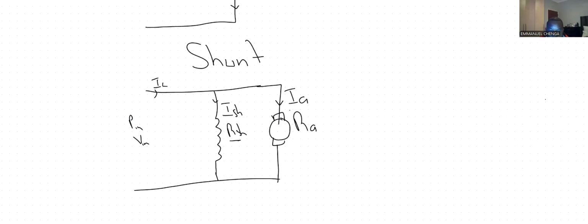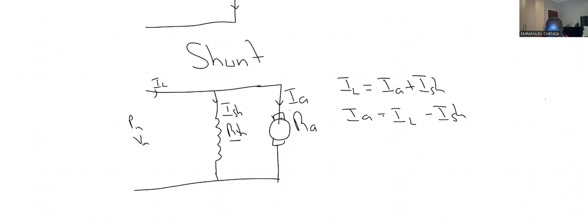Because we have a junction here, we can say IL is equal to IA plus I shunt. If you make IA the subject of the formula, it will be IL minus I shunt, whereby you can calculate your I shunt by saying V divided by R shunt.